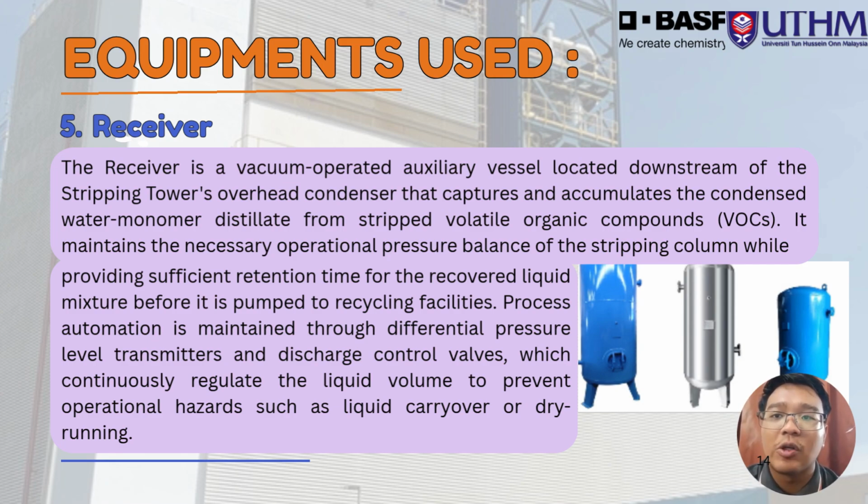Process automation is maintained through a differential pressure level transmitter and discharge control valve, which continuously regulate the liquid volume to prevent operational hazards such as liquid carryover or dry running.